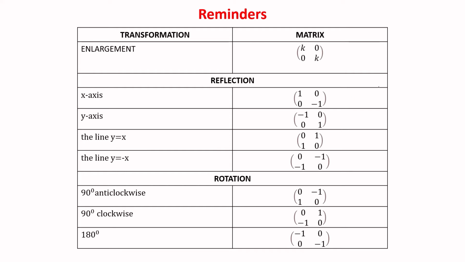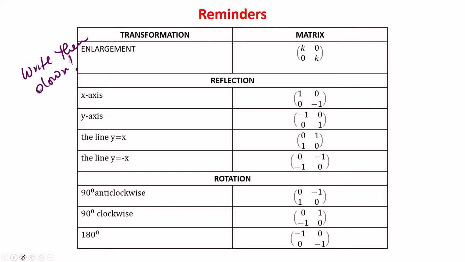So just note these, write them down. Don't screenshot it, write it down. Alright, and then we have the enlargement, where we multiply by a scale factor k and we get k, 0, 0, k. And we know k represents any scalar number.